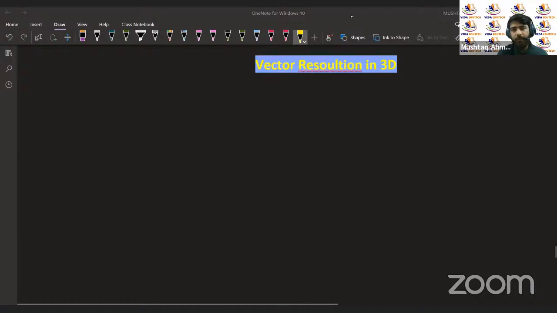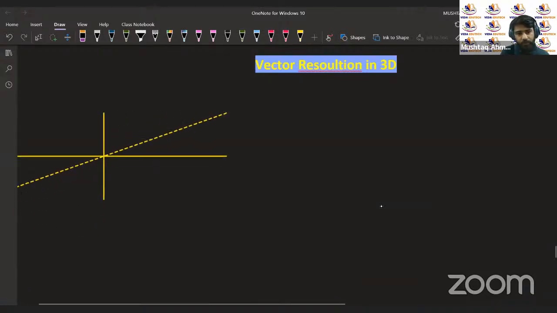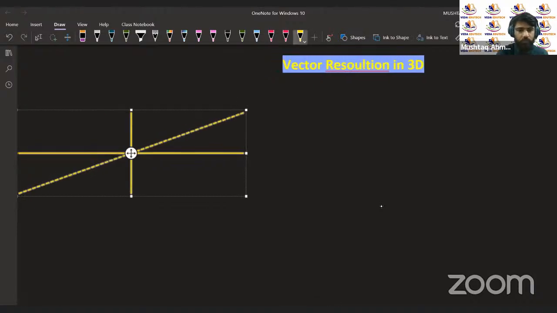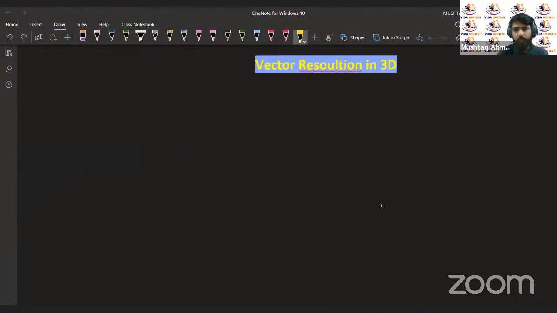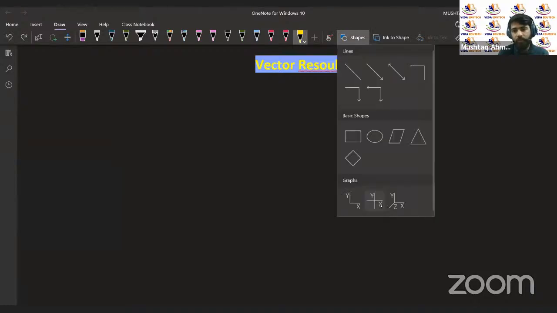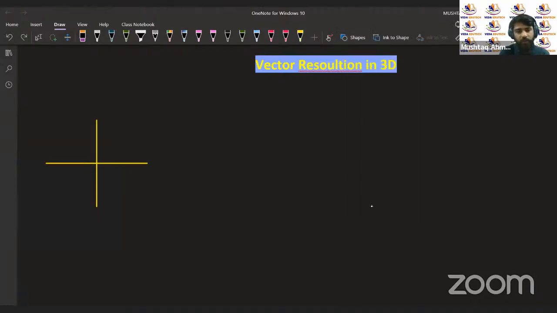So let's suppose that this is our Cartesian coordinate system, and this is our Y axis, and this is X axis.